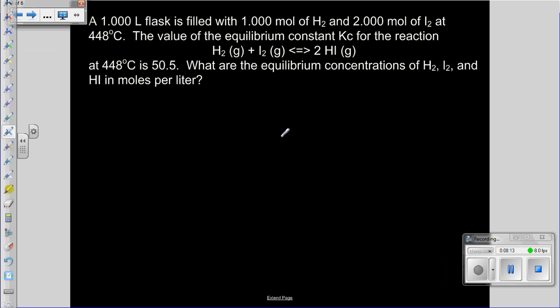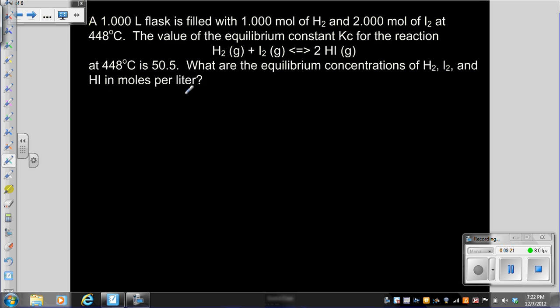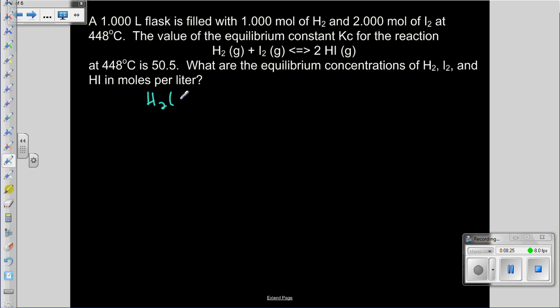So we're going to follow the same procedure on this one. We've got our balanced equation. So I've got hydrogen gas and iodine gas in equilibrium with 2HI gas.